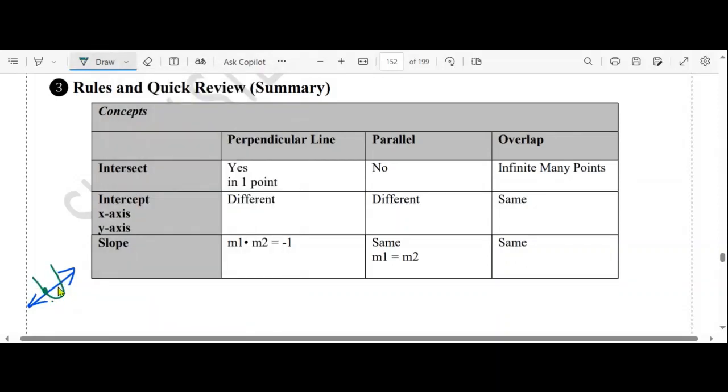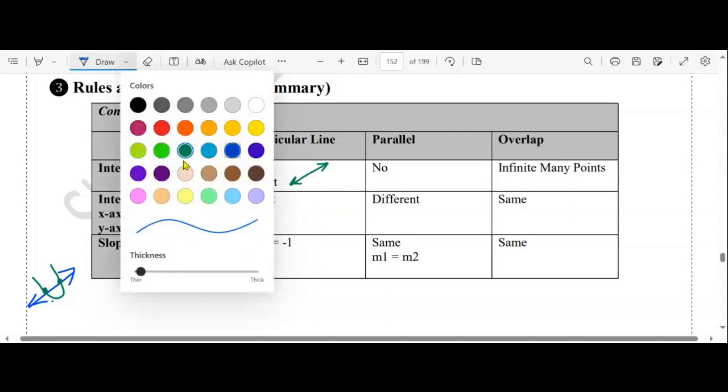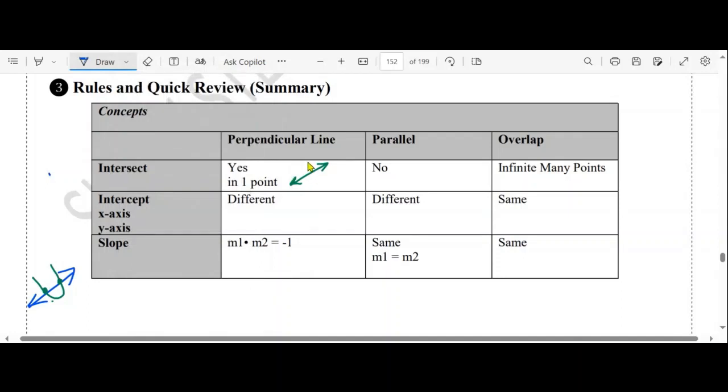So in this case, they intercept in how many points? 2 points, right? But it's limited. Okay. This graph goes like this, and the other one is going like that. So they intercept in 1 point.